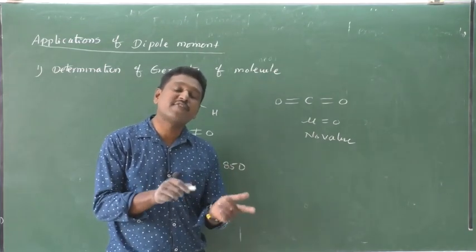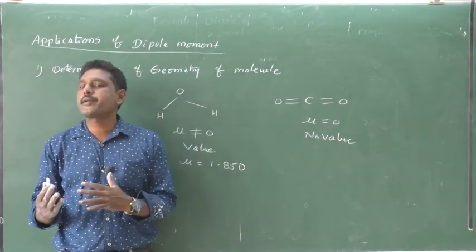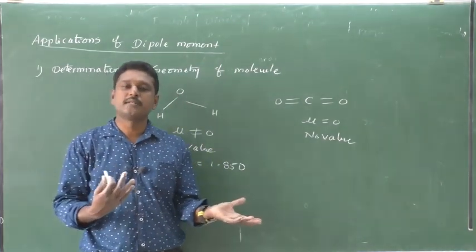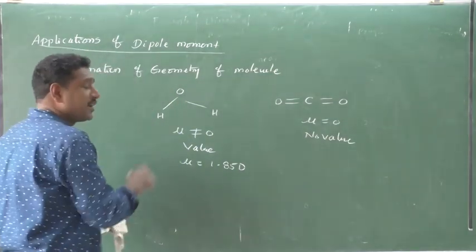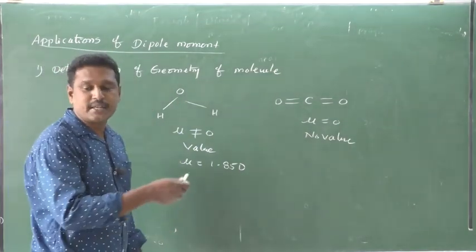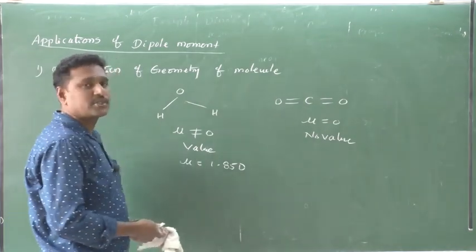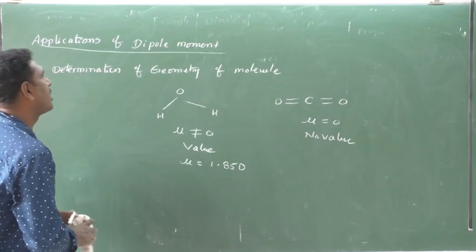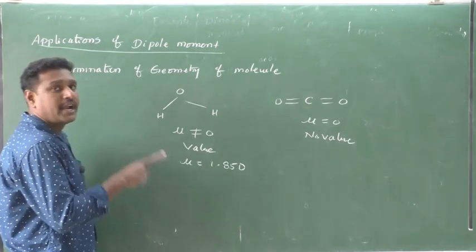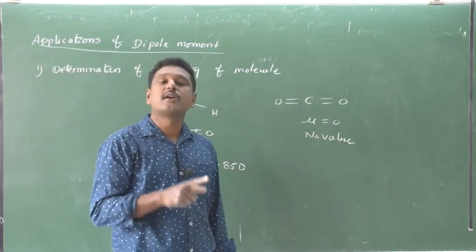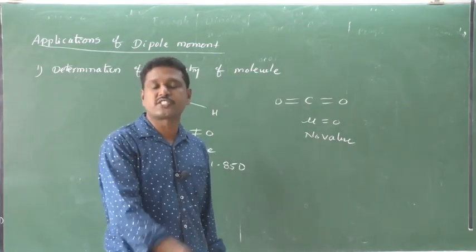So by knowing the value of dipole moment, we can separate them. Net dipole moment is there for water molecule. Therefore, the first application is that it is useful to determine the geometry of the molecule. So this is the first one.